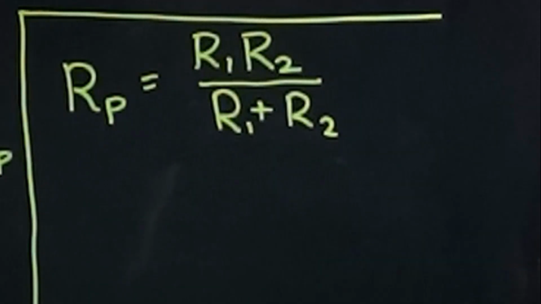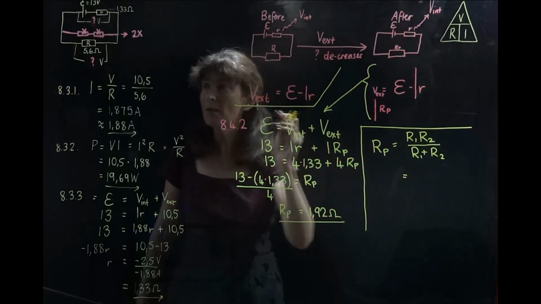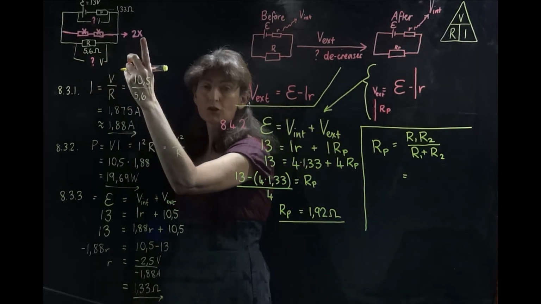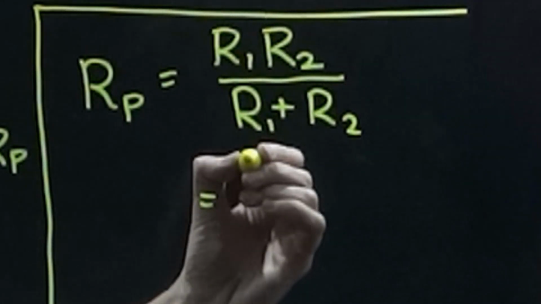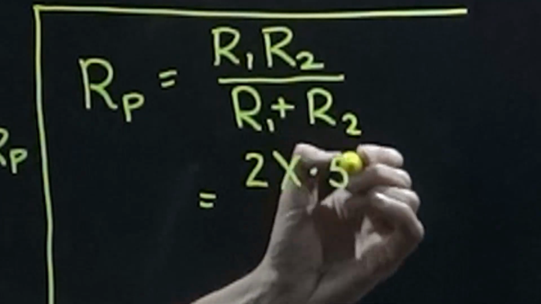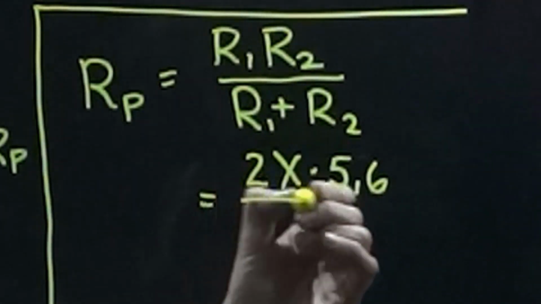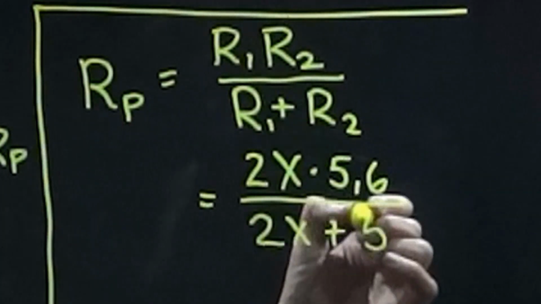You can only do that if there are two parallel branches. Now we remember that R1 is 2x and R2 is 5,6. So we simply substitute 2x times 5,6 divide by 2x plus 5,6.